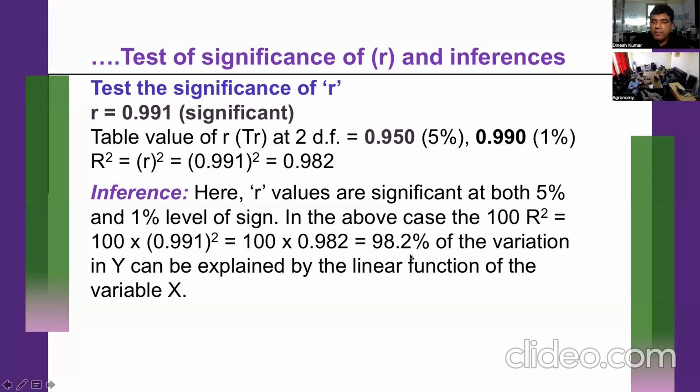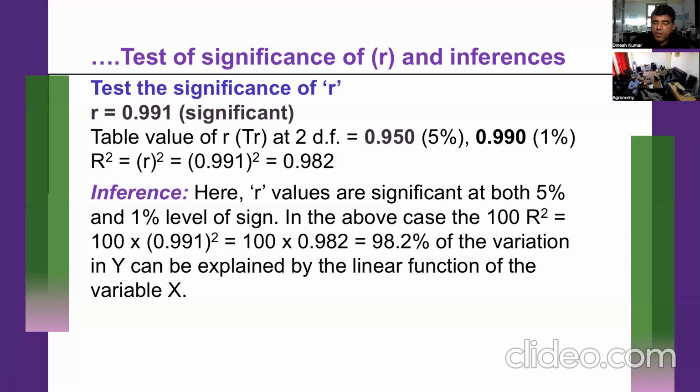98.2% variability in the grain yield of mustard has been explained by the regression equation estimated. Whatever regression equation we have estimated, we have found it is representing about 98.2% variability in the data.